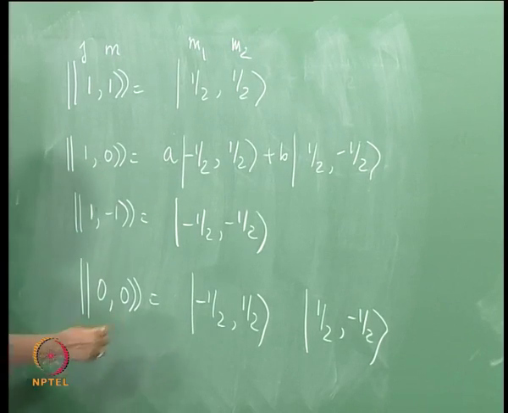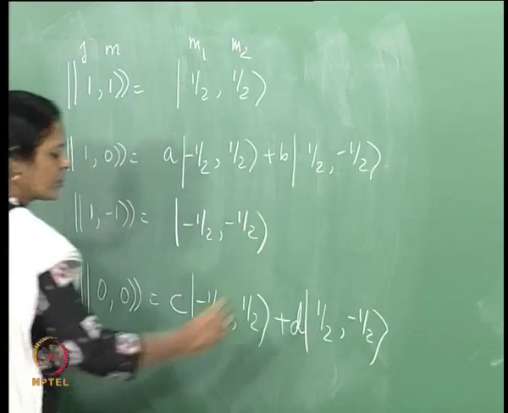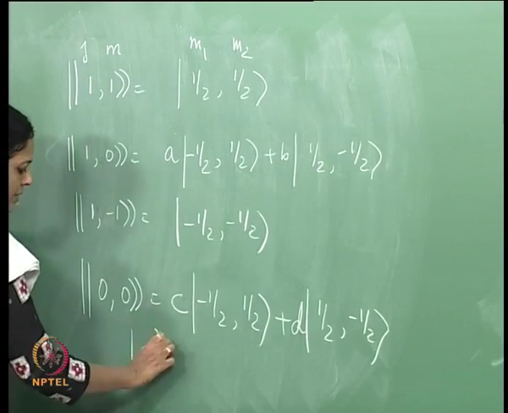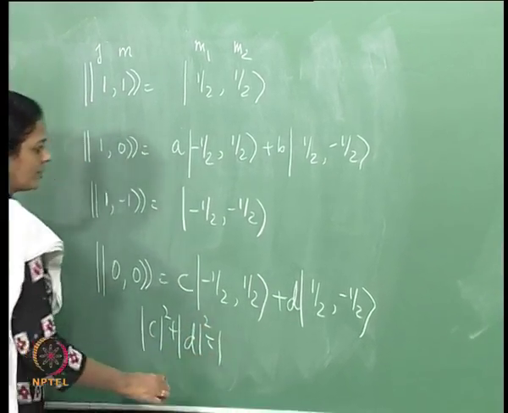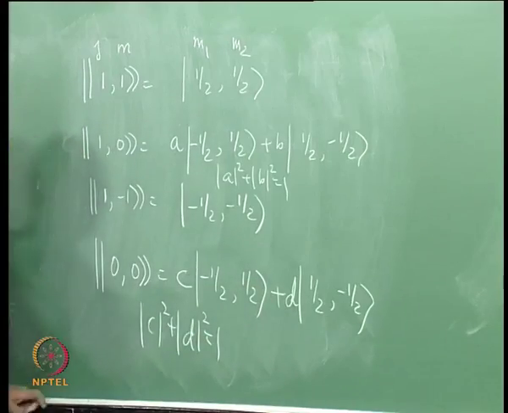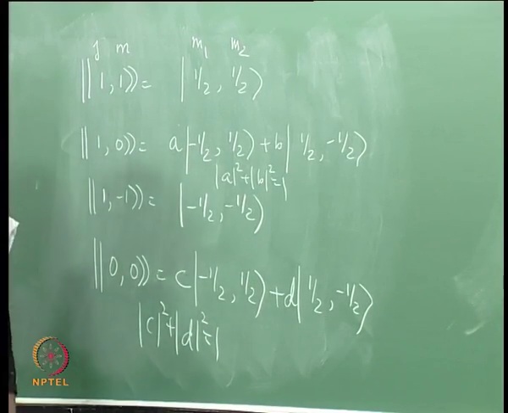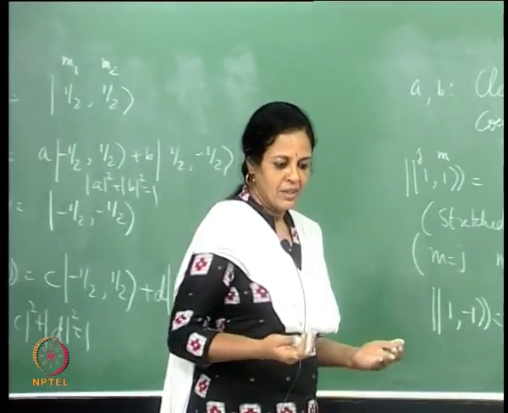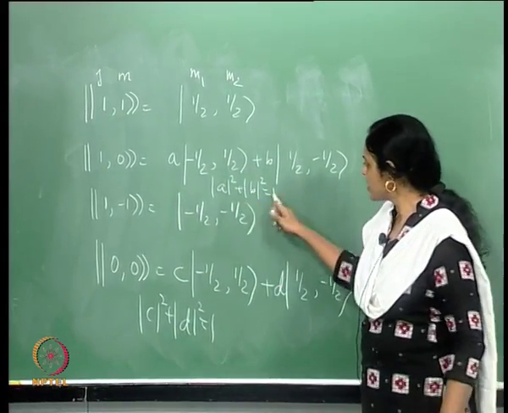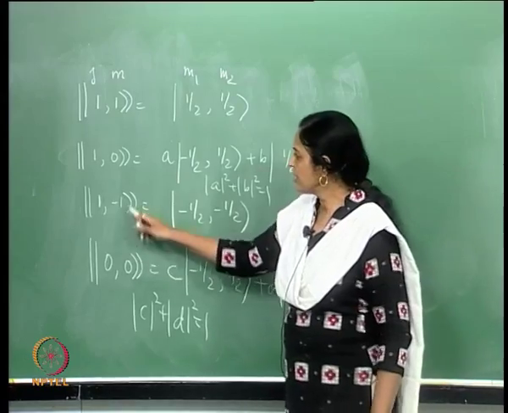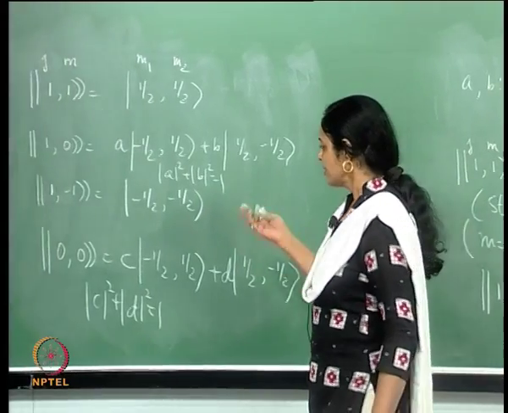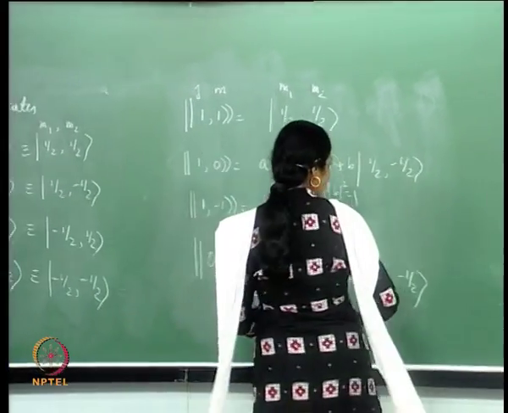They are orthogonal to each other, and therefore there are two different coefficients there, C and D, except that mod C squared plus mod D squared is 1, the same way as mod A squared plus mod B squared equals 1. So the problem now reduces to determining the values of A, B, C and D given these conditions, and given the fact that these states are normalized to 1 and they are orthogonal to each other. The manner in which this is done is straightforward.